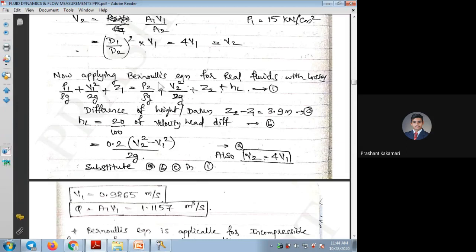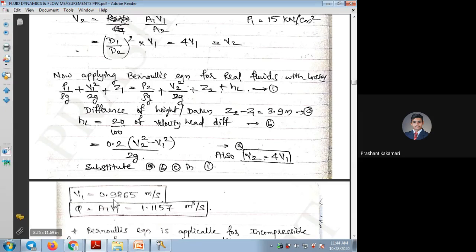So keep the Bernoulli's equation and head loss in terms of V1. Wherever V2 is there, you can keep V1, or the other way is also correct. You can keep all the terms in V2 also. V1 I can write as V2 by 4 also. That also can be written. But keep all the velocity terms and head loss terms in one of the velocity terms, so that you can find out either V2 or V1.